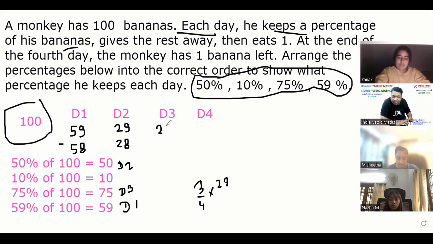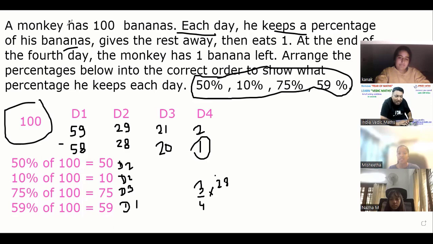So that works, 21 bananas. He eats 1 again, 20. Now how much is he keeping on the last day? 10%, right? What is 10% of 20? 2 bananas. Eaten 1. And that is what we got.